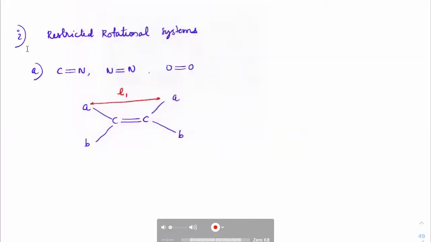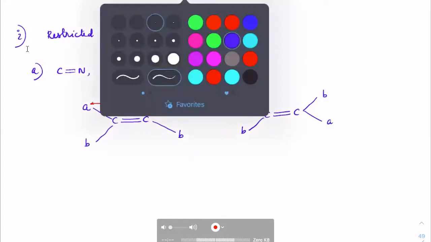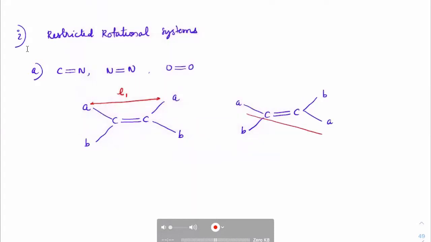And same groups, if after the orientation has changed, A and B, here I have B and A. This time the distance between A and A is L2. Definitely you will find L1 is not equal to L2. This is another way of looking at geometrical isomers. So the distance between the groups has to change when it is geometrical isomerism.